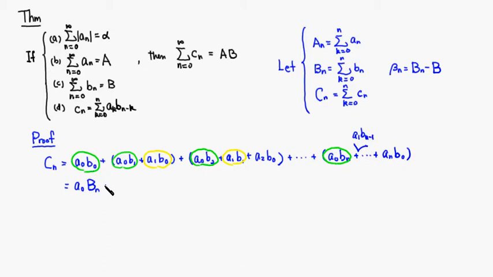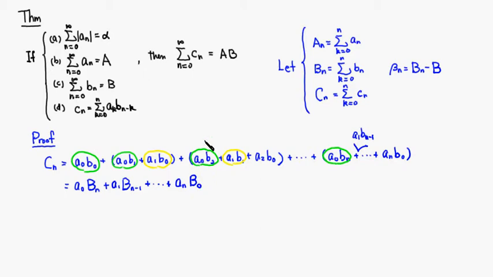If you factor A1 out, you're going to have B0 plus B1 plus all the way to B_{n-1}. So that's just capital B_{n-1}. Then you can see that this pattern just keeps on going. Then the last one is An and capital B0. So we have that.